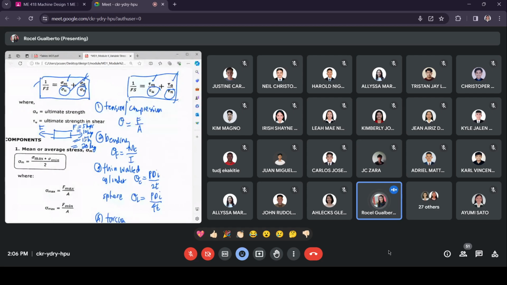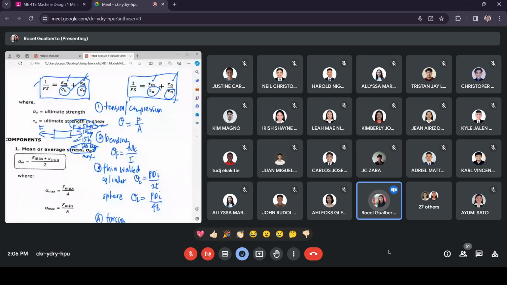So here, the force is varying. It can be 5, 10, 15, 20, but what we need only is the 5, the minimum value, and the maximum value equal to 20.